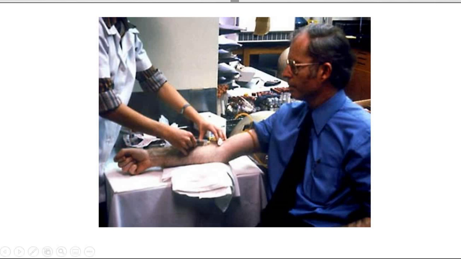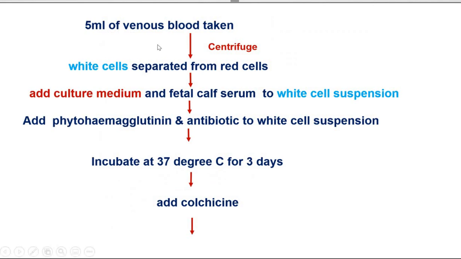Now this blood which you have withdrawn, you take 5 ml of blood and centrifuge it to separate white cells from red cells. So you obtain the white cells suspension. To this, you will add culture medium and fetal calf serum, so that these white cells grow in this culture medium, and fetal calf serum is going to provide nutrition to these white cells.